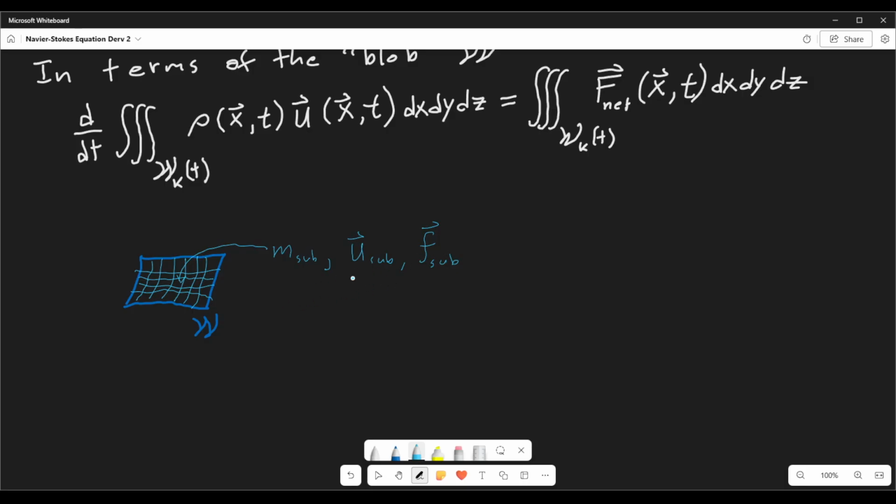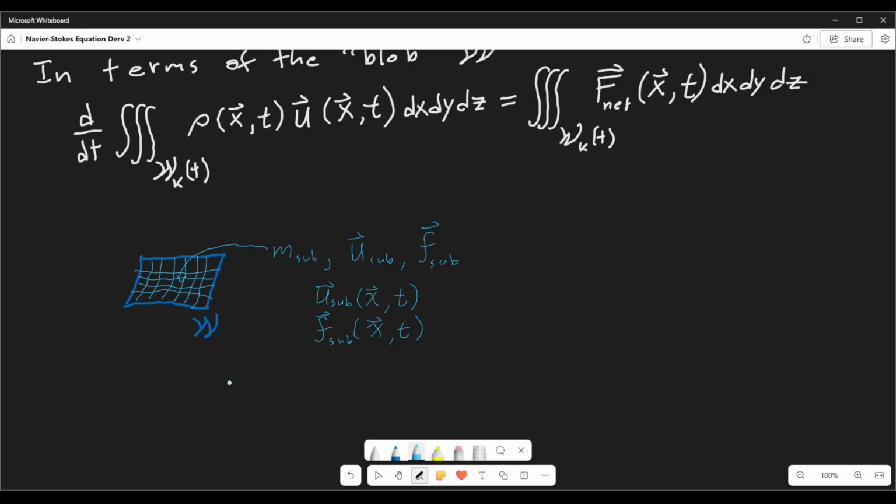So of course u sub is actually dependent on space and time, and force sub is also dependent on space and time.